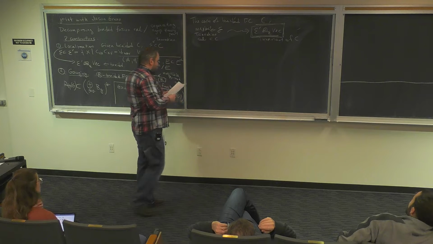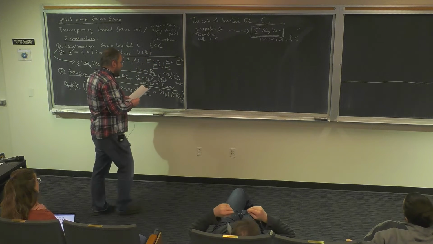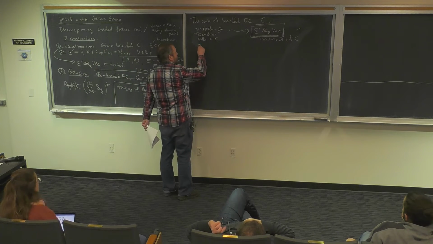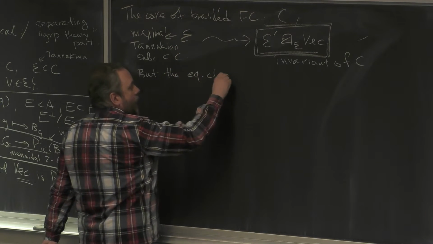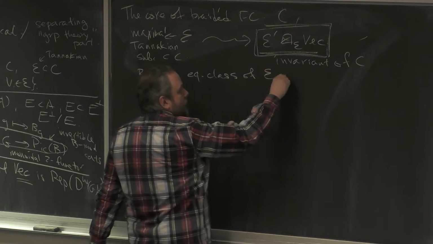So the core is an invariant of C, but the equivalence class of E is not.